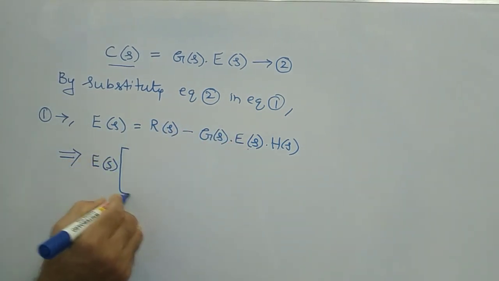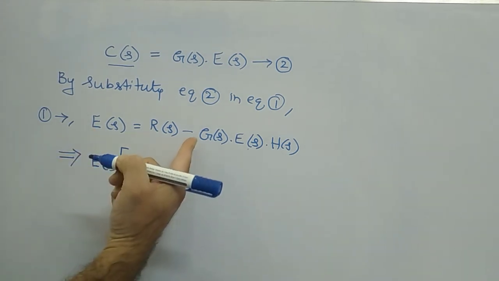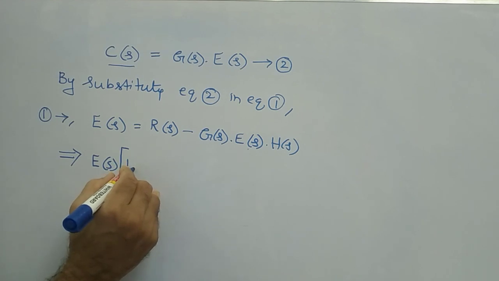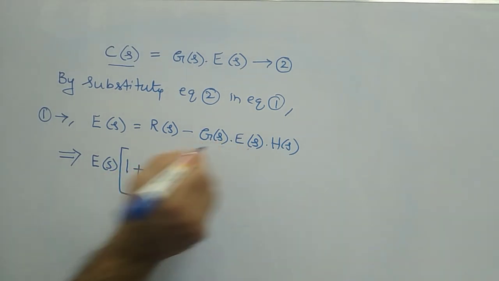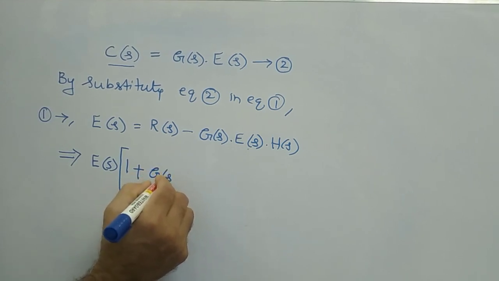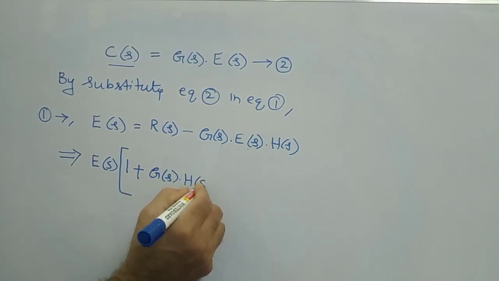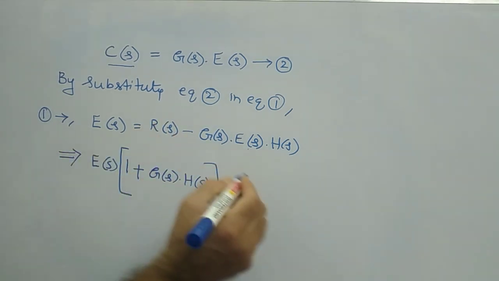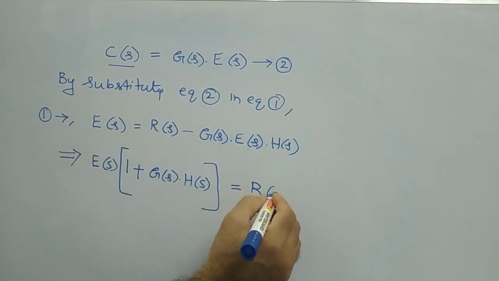Then 1 plus G of s into H of s is there, equal to R of s on the right side.